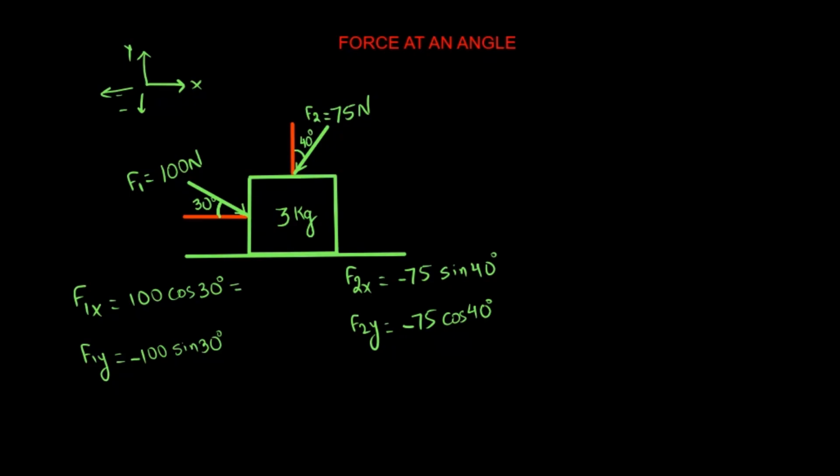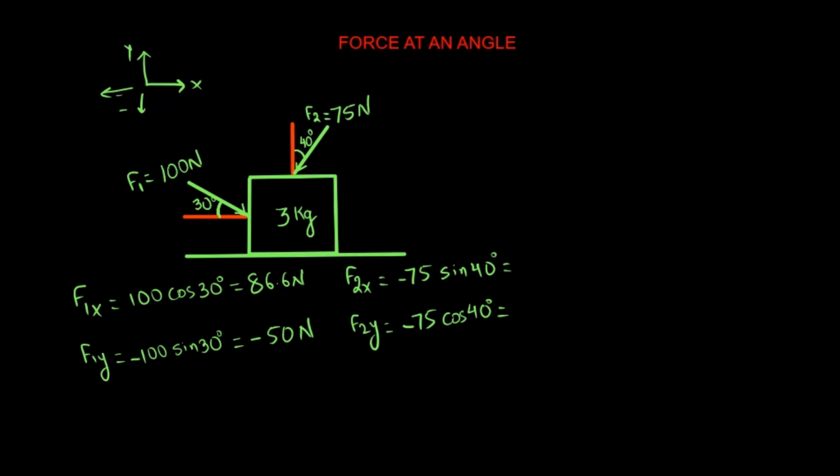Now, we will find these values using a calculator. First is 100 times cos 30 degrees. It is 86.6 newtons. Fy would be 100 times sine 30 with a minus sign, so it's minus 50 newtons.